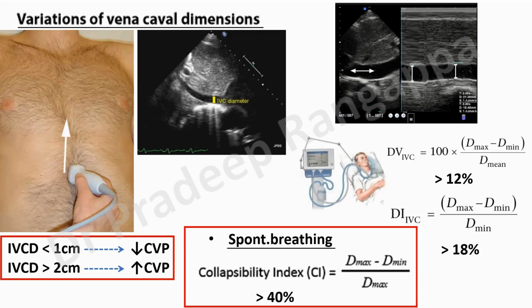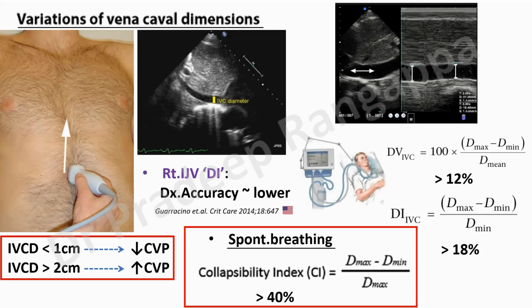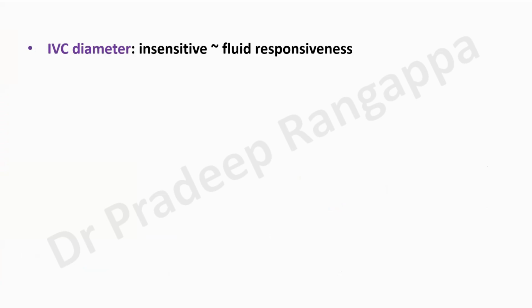These are the tests that I'm sure many intensivists are using. But we needed a test to understand congestion, and for that we were looking at the IVC. What we realized is that in spontaneously breathing patients, IVC diameter is insensitive and may not necessarily reflect true fluid responsiveness.